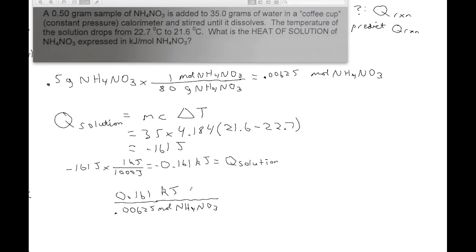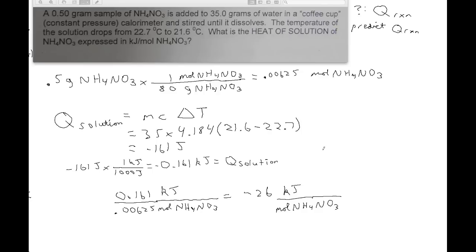And that is equal to negative 25 or negative 26 kilojoules per 1 mole NH4NO3, but since the temperature of the solution dropped from 22 to 21, that means it was releasing it.